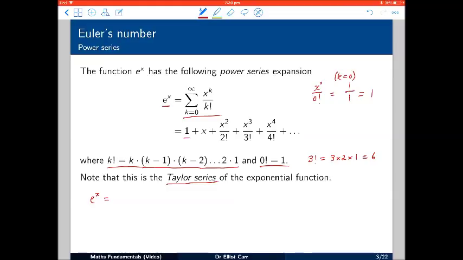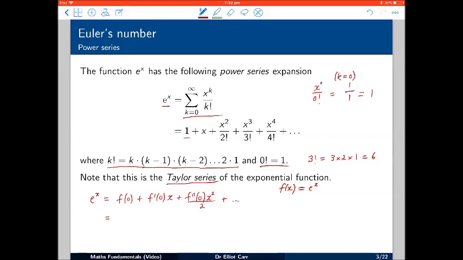If I define f of x equal to e to the x, then the Taylor series about x equals 0 is defined as f at 0 plus f dash at 0 times x plus f double dash at 0 times x squared on 2, and so on.